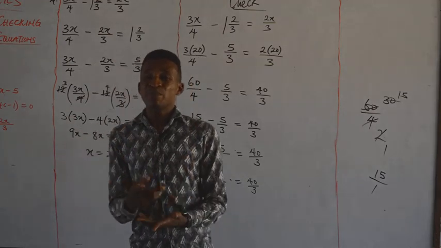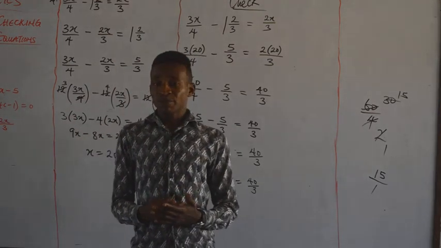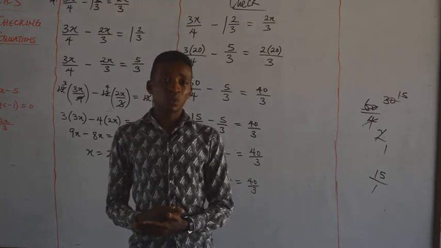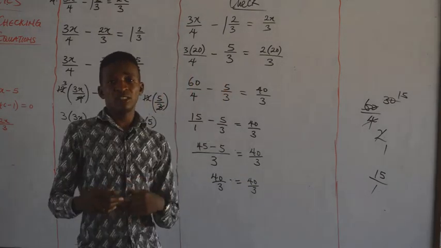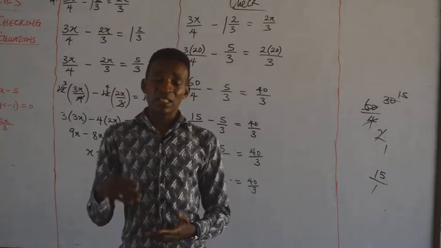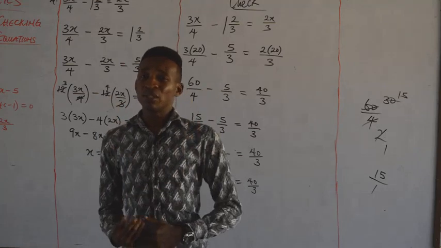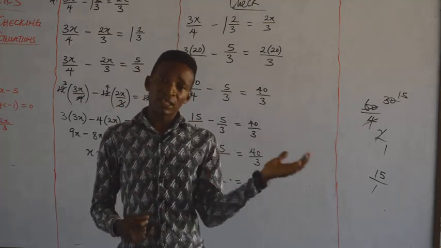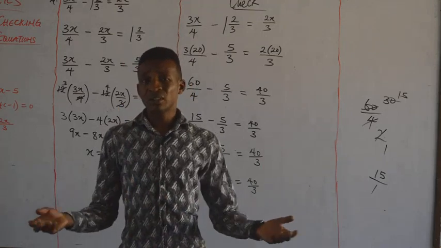Those are the two topics I placed in the intermediate level. By the time we get to simultaneous equation and even quadratic equation, we are still going to need the knowledge of checking your solution. And it's not a different thing. If you know how to check, whatever answer you have gotten, replace it in the original question you are given. If LHS is equal to RHS, good, you got your answer.